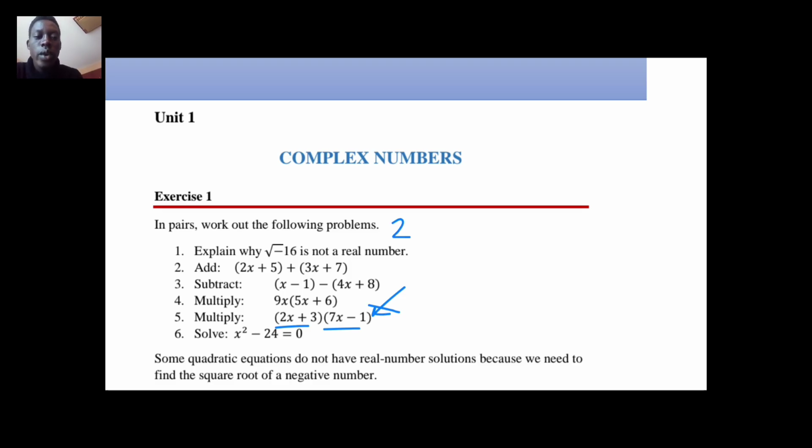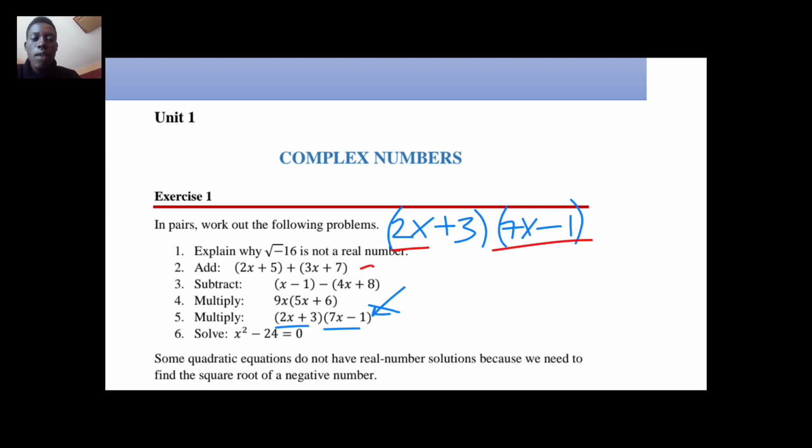So we have 2x plus 3, then times 7x minus 1. So here you are multiplying the two equations. What do you do when you are multiplying two equations? You first take this first number here and multiply it times this bracket.